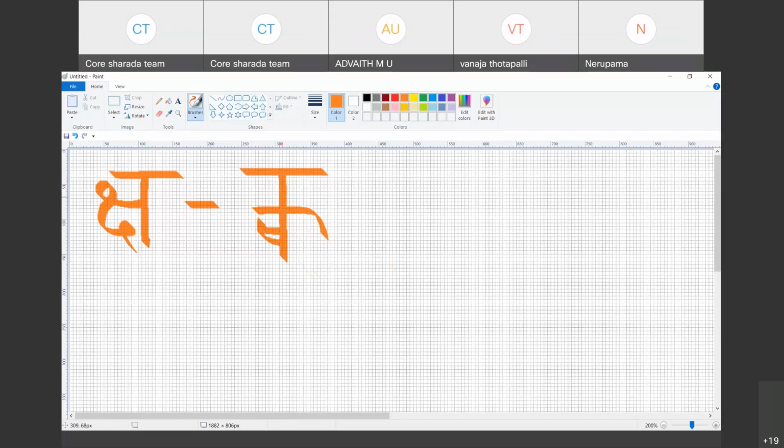That's why we call it a Sanyukta Akshar, K and sh. I'm going to draw it one more time. It's okay if you're not getting it. That's all right. We will try and show it again if you are finding it a little complicated. We will show it till you get it right.